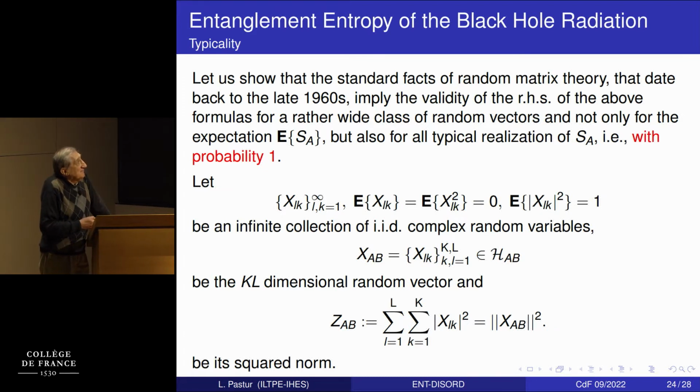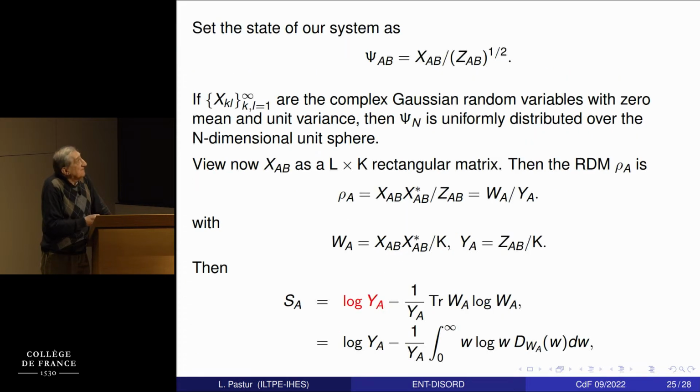And if you would like to compute its norm, the square of length, we have to compute this sum. And then, with these notations, now I view it as a rectangular matrix, K by L, and I follow the scheme by Page, and I introduce my unit vector.